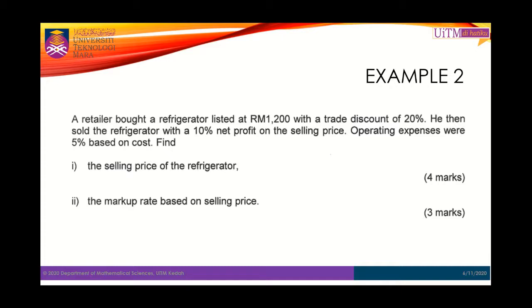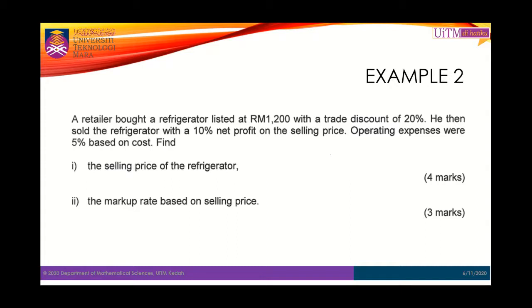What you need to be very careful about here is how you identify the cost of the refrigerator. The 1,200 ringgit is not actually the cost, because this is the listed price and you have a trade discount given on the purchase of this refrigerator. So this is a combination of the previous chapter with Unit 8, Mathematics of Retailing.